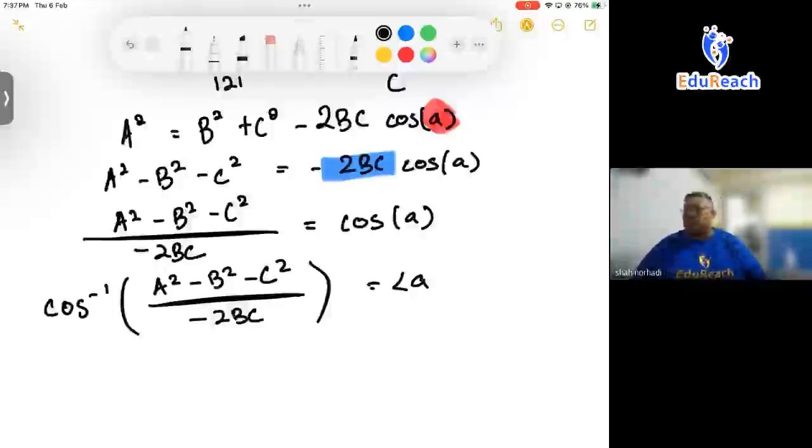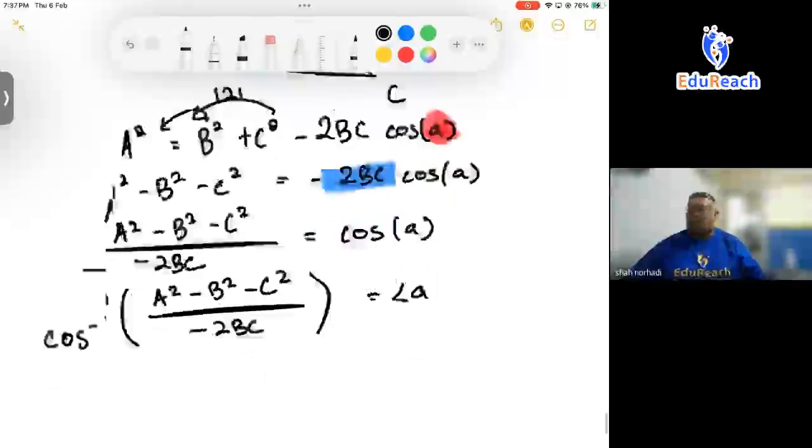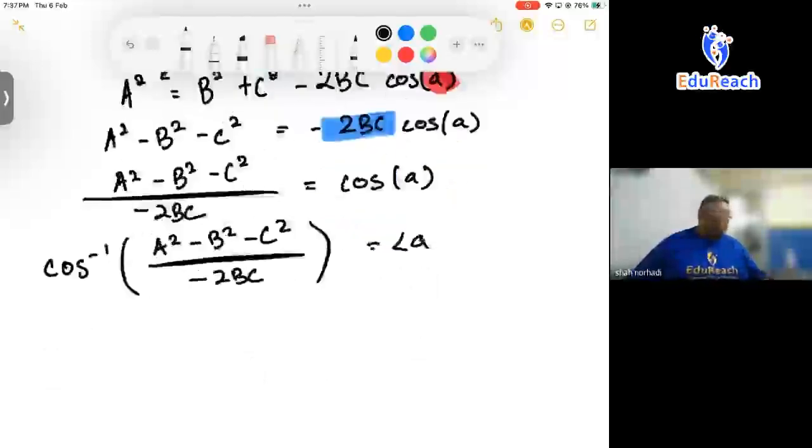The A square and the B square are totally opposite, so how do you make it plus? Negative A square plus B square, can. I'm just going to shift it here. So I want you to fill up this one, then fill up the numbers at the last stage. Okay.